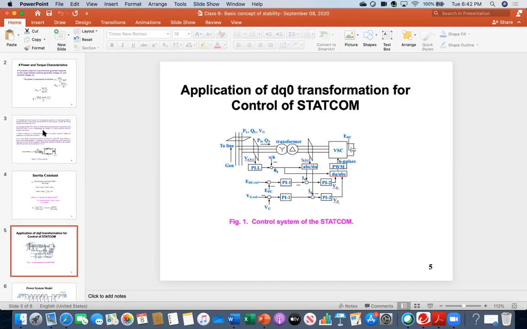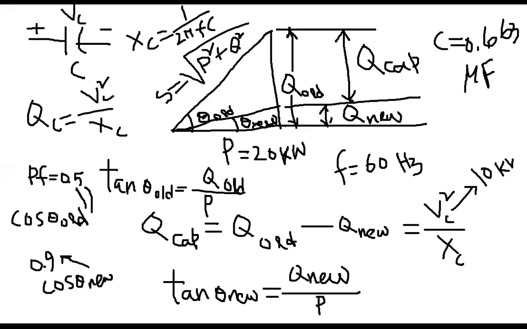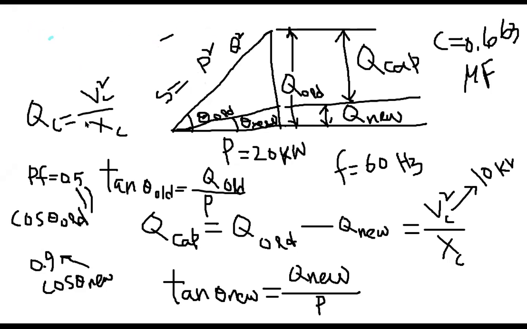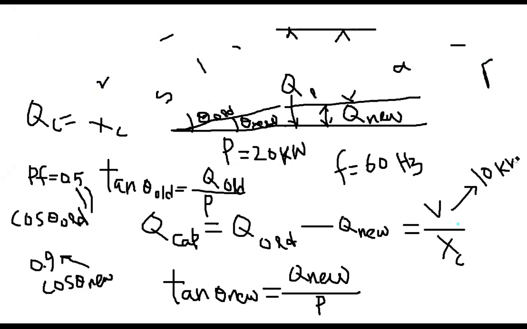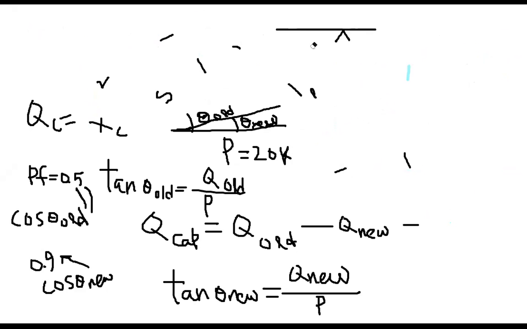So can you find any similarity, that a PV system or PMSG can be treated as a STATCOM? To answer that, you just need to think about the construction of the solar system and the PMSG based wind generator. Then you will get the answer. Let me take you to the whiteboard, and you will understand. Let me erase these things because I already saved those.